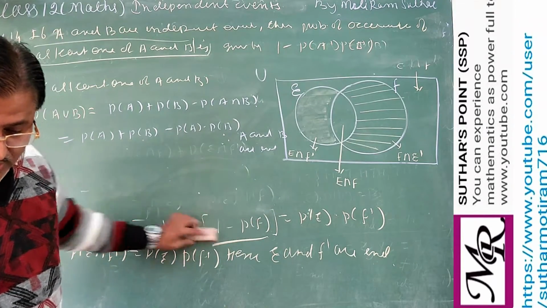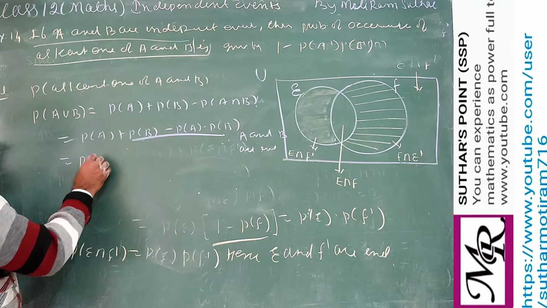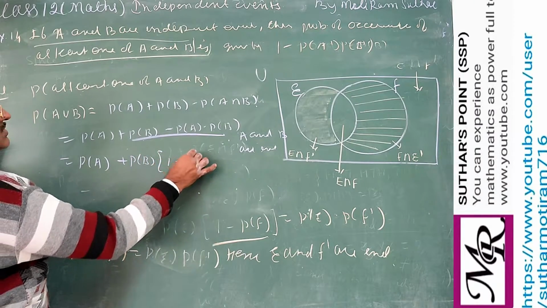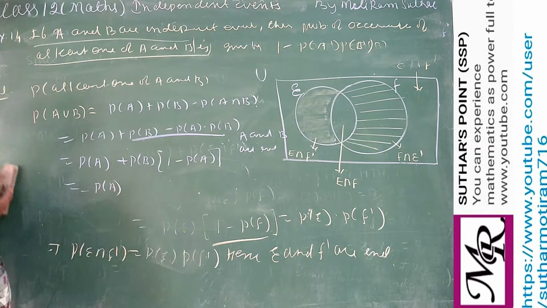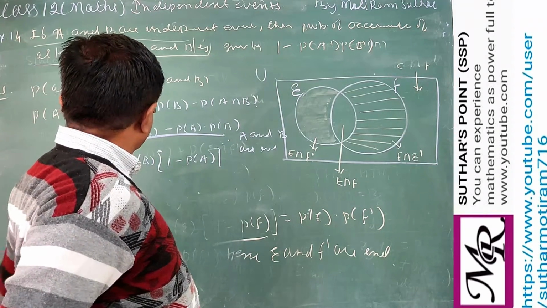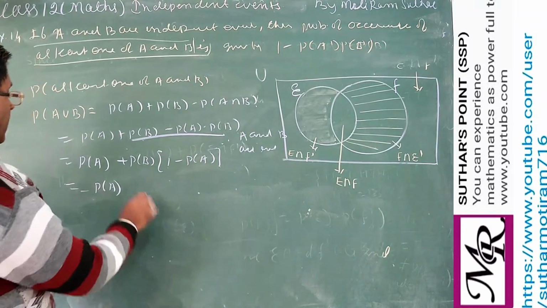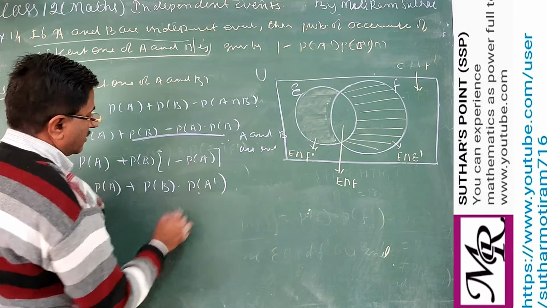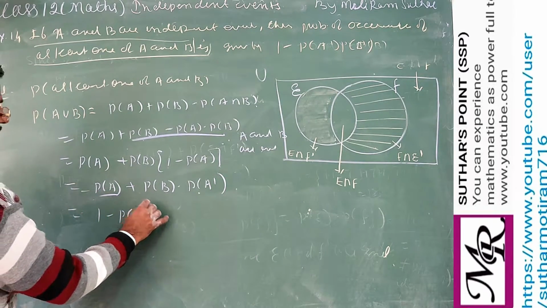Now in the last two terms we take PB as common. So what is left? PB into 1 minus PA. Now 1 minus PA can be written as PA naught, and this PA can be written as 1 minus PA naught.